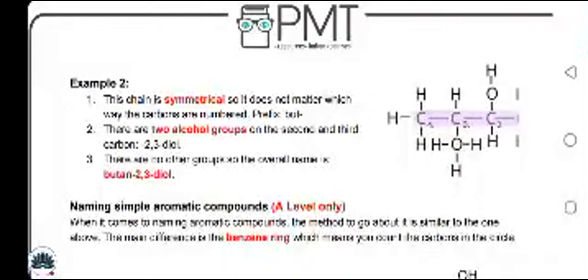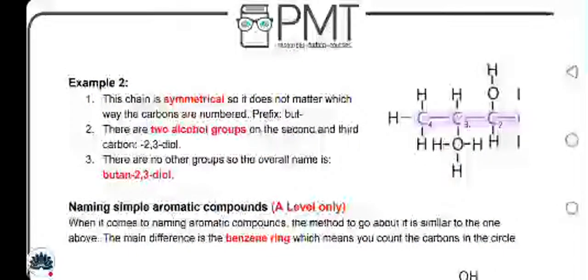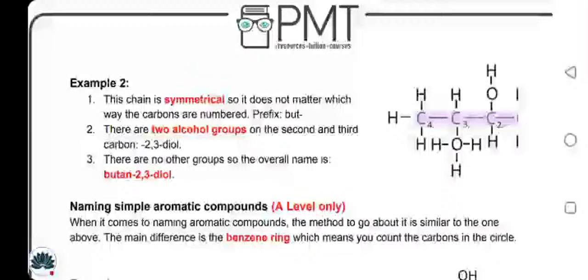So it will be 2,3 and then a dash, diol. Di means 2, that there are 2 groups, and 2,3 determines that they are on carbon 2 and carbon 3. You are not required to write 2-3 and then a comma and then diol, as I see many candidates making this mistake.